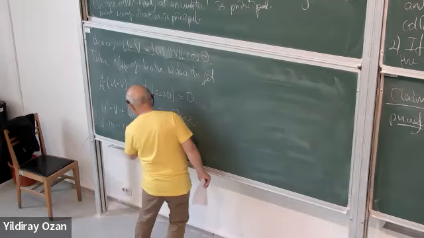So 2 times U prime dot U is 0, meaning that U and U prime are perpendicular to each other. Well, here V is also perpendicular to U prime.